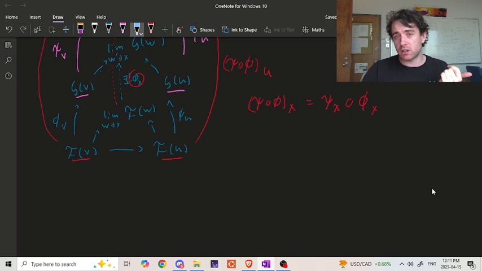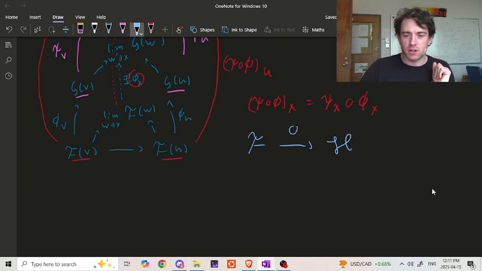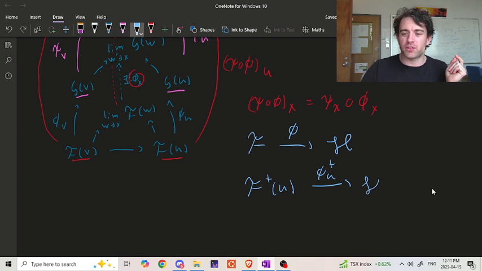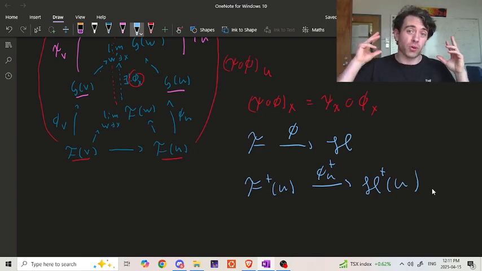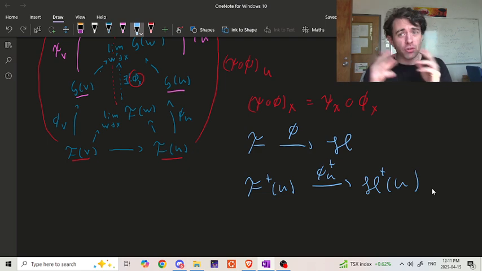So we've said what it does on objects, but now I need to prove that if I have some morphism phi from F to H, then I can produce a morphism phi plus U from F plus into H plus, but of course that means providing a morphism compatible with restriction maps for every single open set. So that's what we're going to try and do now.